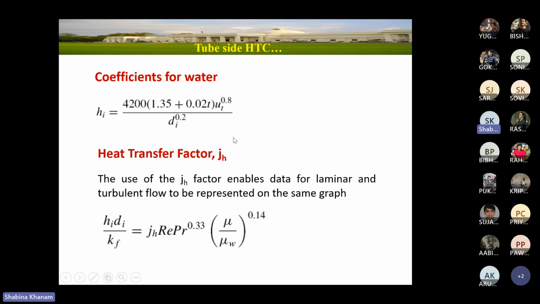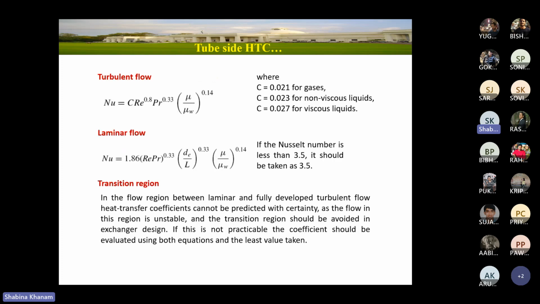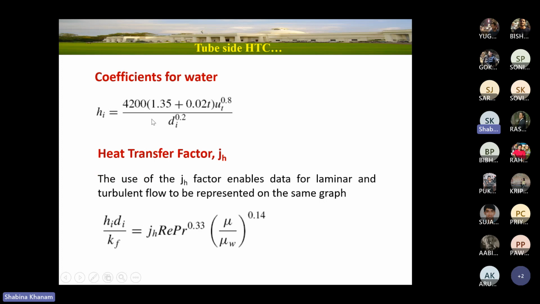So you are already given different correlations, as you can see over here. More precisely for water we use this. There is another way: if you don't know or don't want to locate which region the fluid is falling in, either laminar or turbulent, you can use this equation, which is quite uniform for all regions.